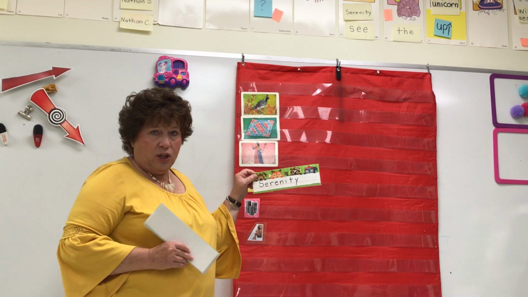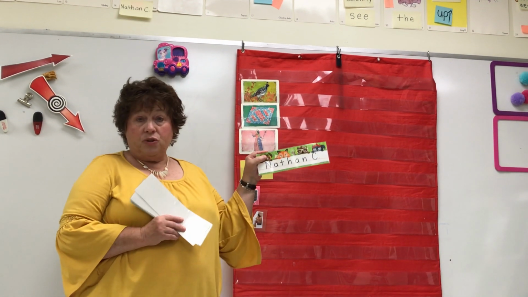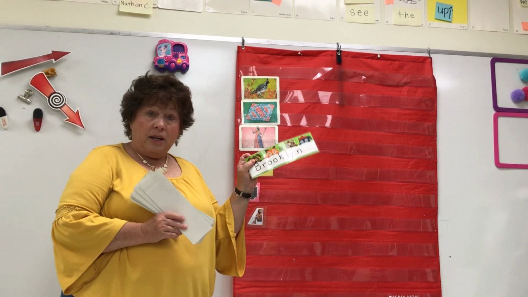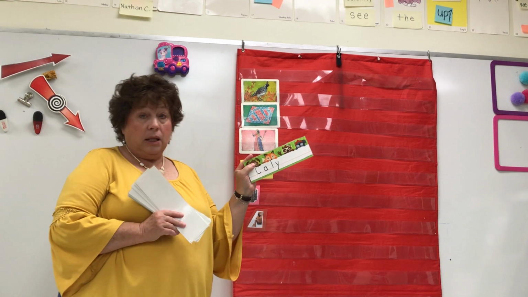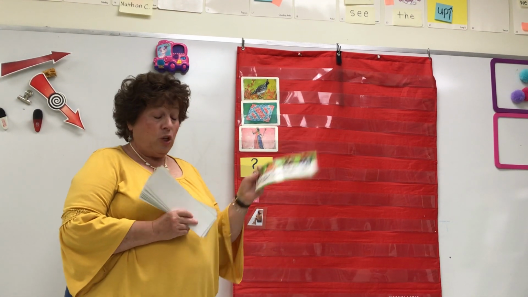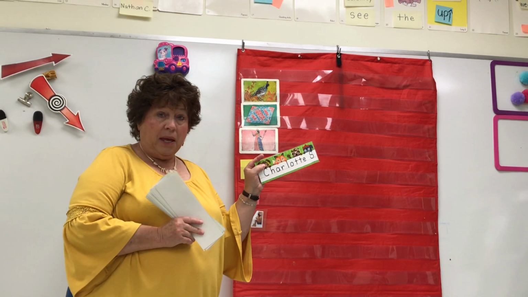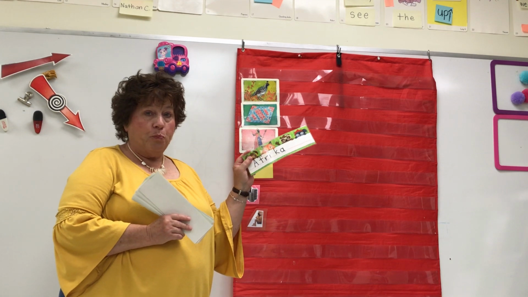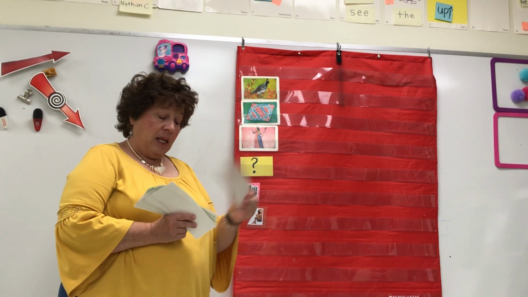Serenity does not have a Q. Mr. Cox does not have a Q. Brooklyn does not have a Q. Callie does not have a Q. Charlotte Wample, nope. Charlotte Smith, nope. Africa, nope. James, nope. Cameron, nope. Elizabeth, nope.